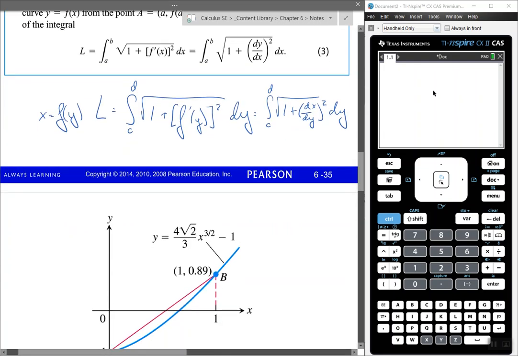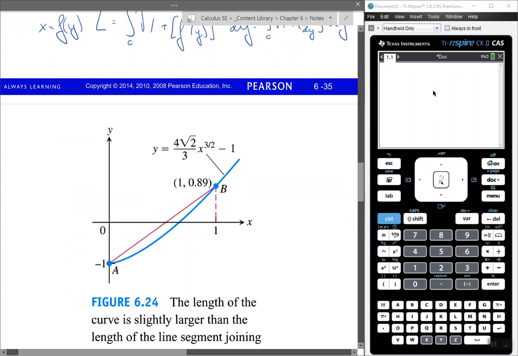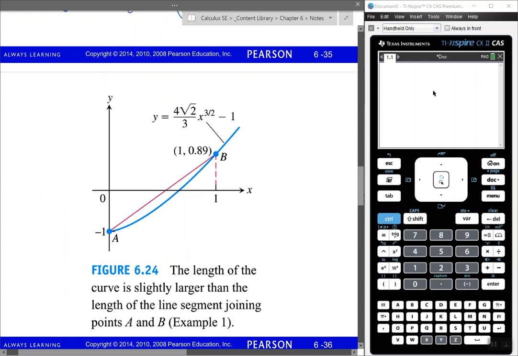Okay, so let's take a look at a few examples here. We have this curve. It is 4 square root of 2 over 3, x to the 3 halves, quantity minus 1. So the length of the curve is slightly larger than the length of the line segments joining A and B. Great.